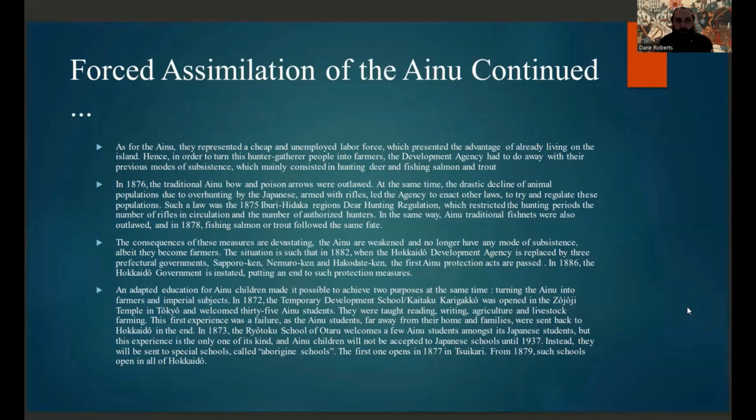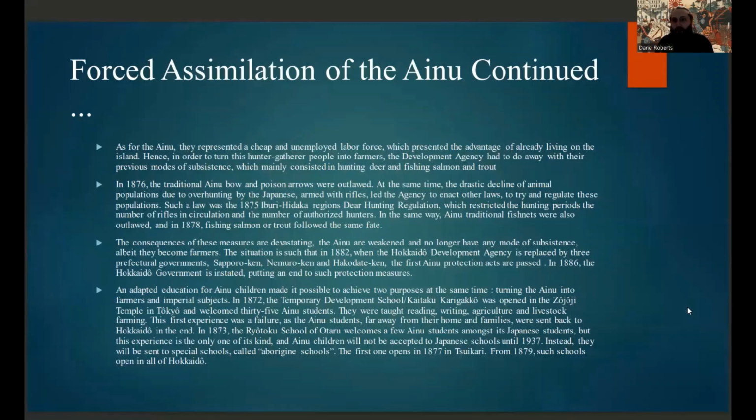At the same time, the drastic decline of animal populations due to overhunting by Japanese armed with rifles led the agency to enact other laws to try and regulate these populations. One such law was the Iburi Hidaka region's deer hunting regulation, which restricted hunting periods, the number of rifles in circulation, and the number of authorized hunters.